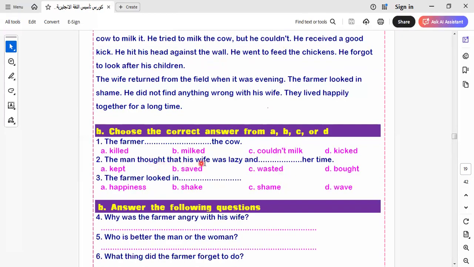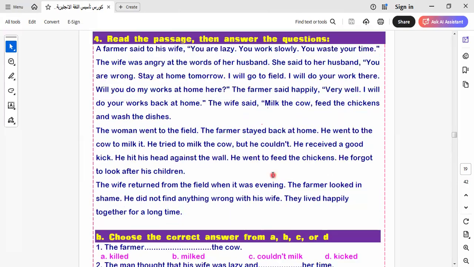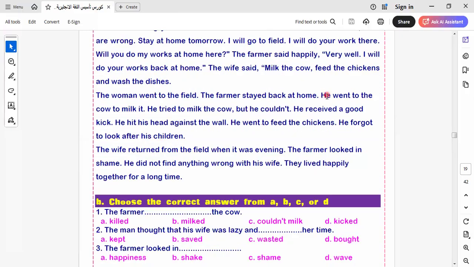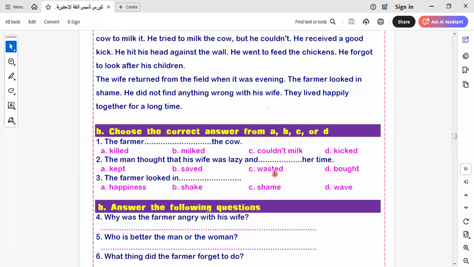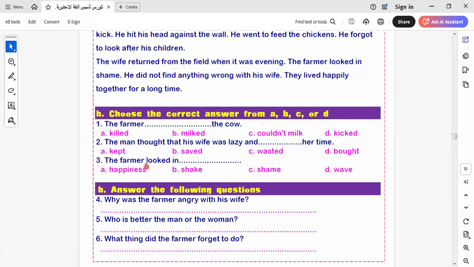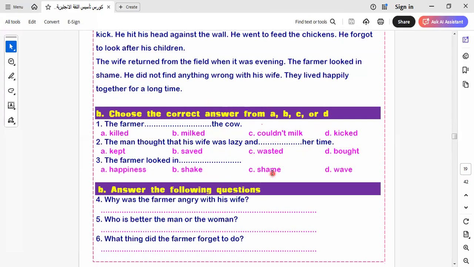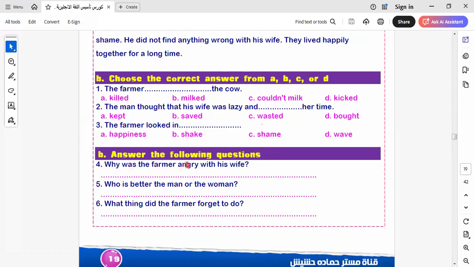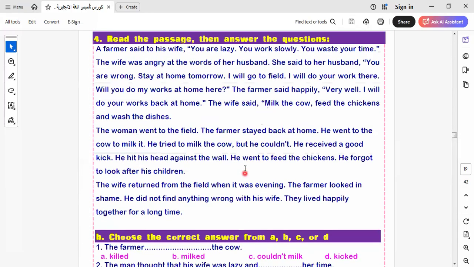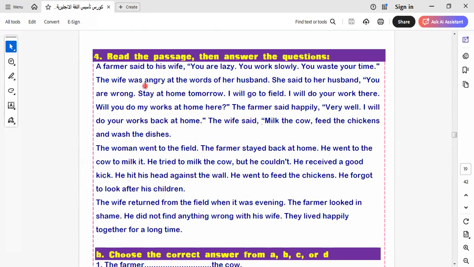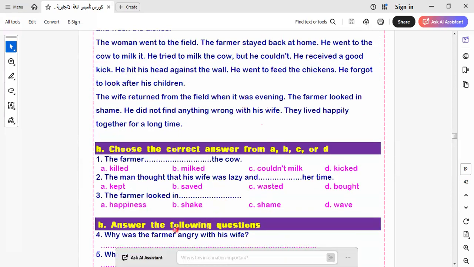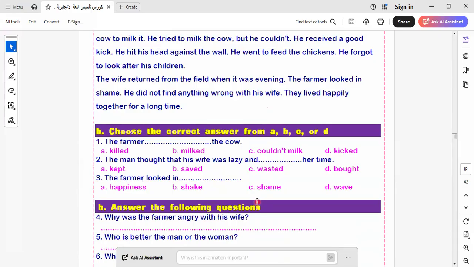The man thought that his wife was lazy and wasted her time. The farmer looked in shame here. Why was the farmer angry with his wife?